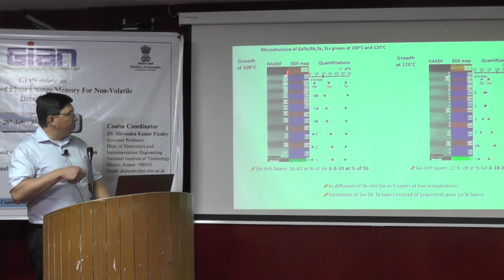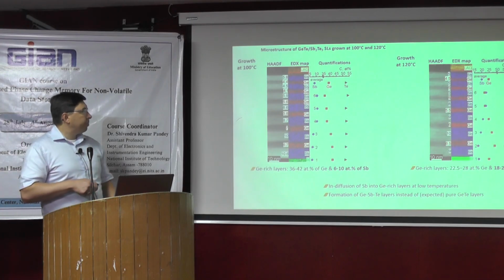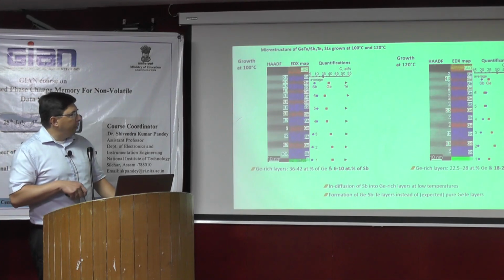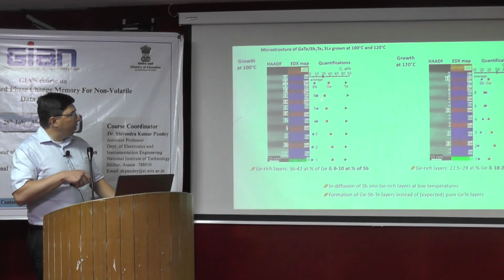We can grow these periodic superlattices, as you can see here, antimony, germanium, antimony, and they all correspond to antimony-rich layers and germanium-rich layers. Here also the same. So first, what we can see here, we can somehow distinguish between different layers.